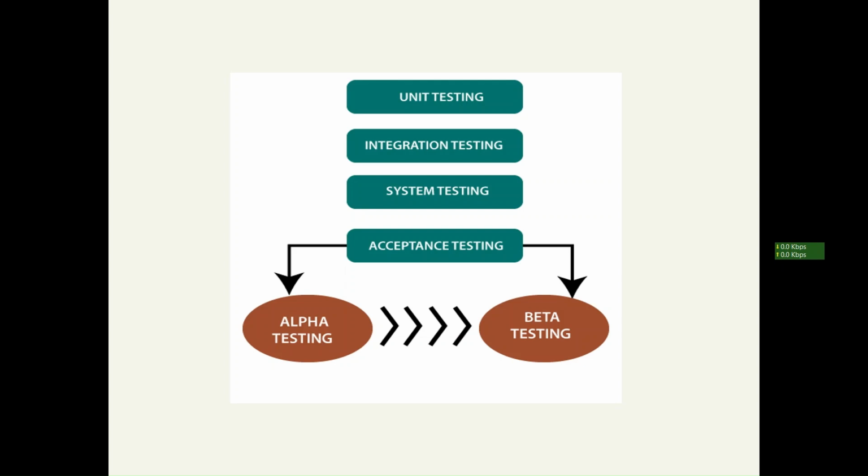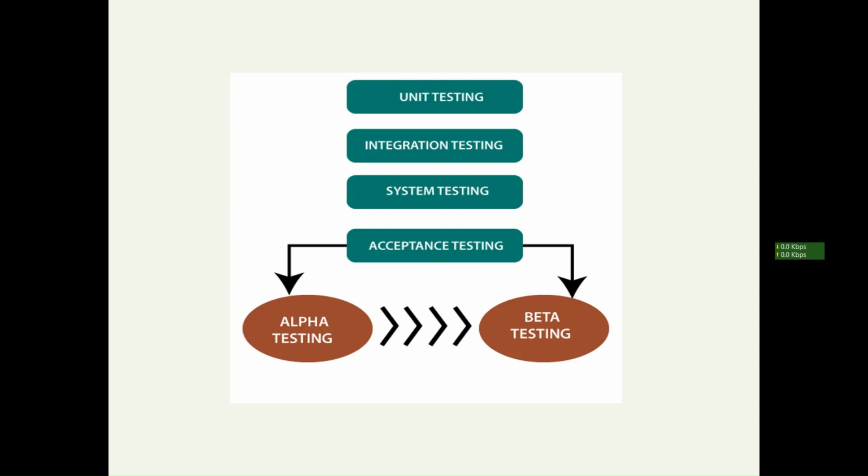Customers will do both, but the environment differs. They can pick either functional or non functional or both. First they will do alpha testing. Once alpha testing is passed, it will be installed in the customer environment and they are going to check the beta testing. Hope this is understandable to you.